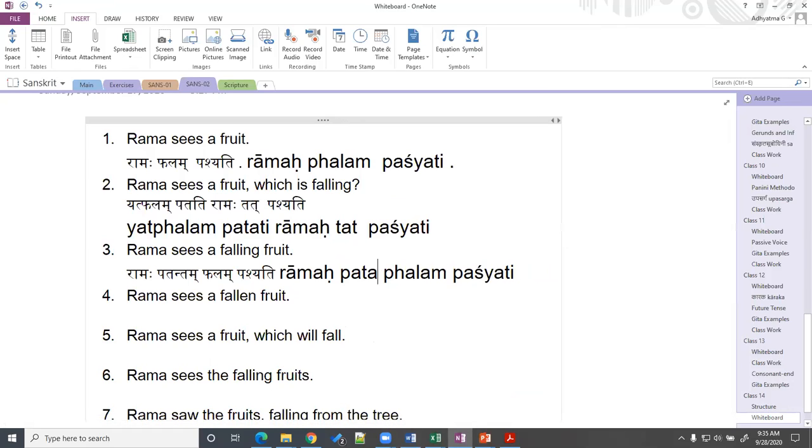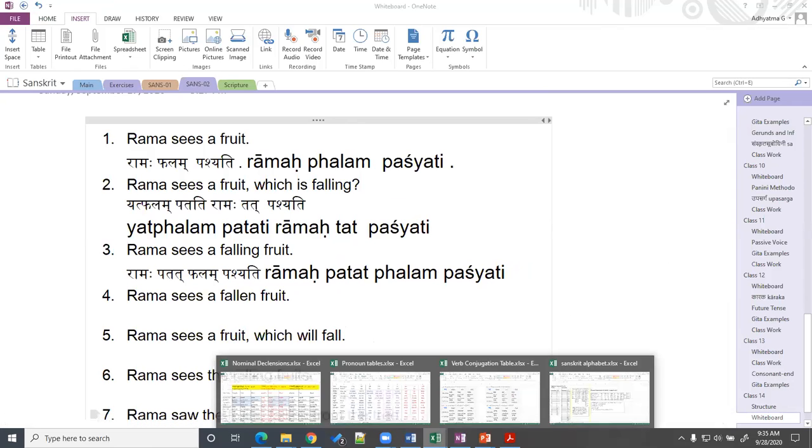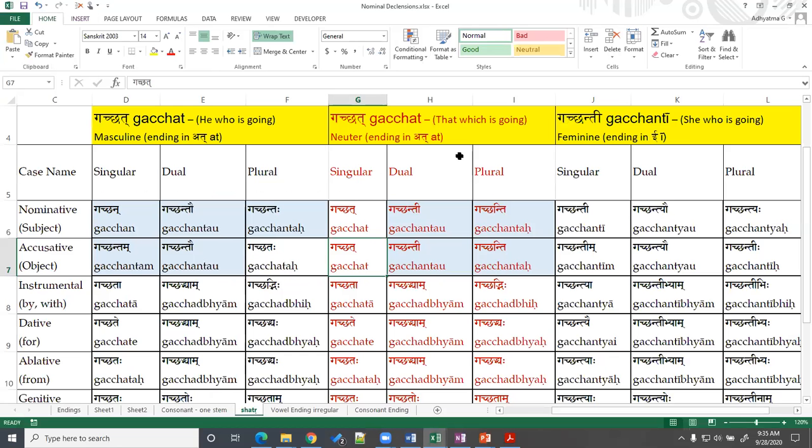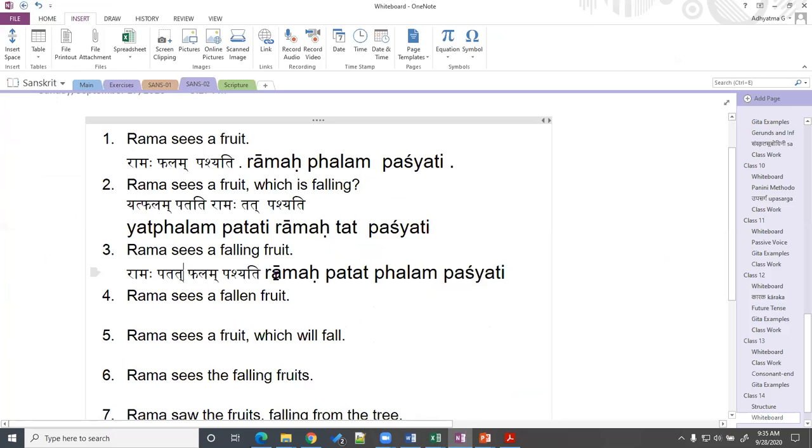So patat, not patantam. In neuter it is gachat. So this is patat, accusative. Even though we are taking the second case, accusative case, it is patat. So patat phalam pashyati. I'm happy that you are paying attention.